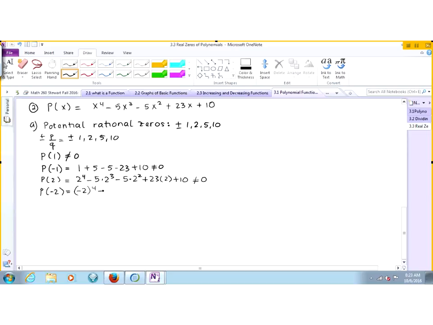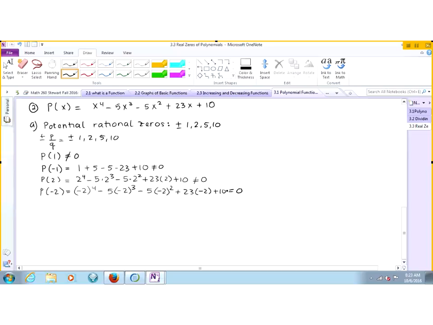So, negative 2 to the 4th minus 5 times negative 2 cubed minus 5 times negative 2 squared plus 23 times negative 2 plus 10. Is it? Oh, okay, so you guys confirm this is a 0? All right, so this is 0. Okay, I didn't calculate it. But so after I find a 0, what do I do?